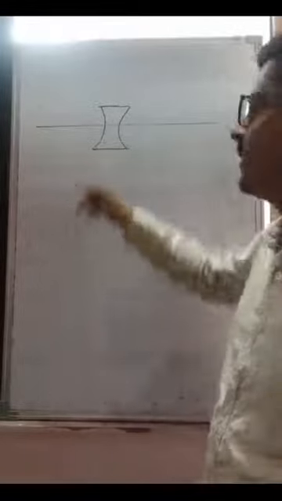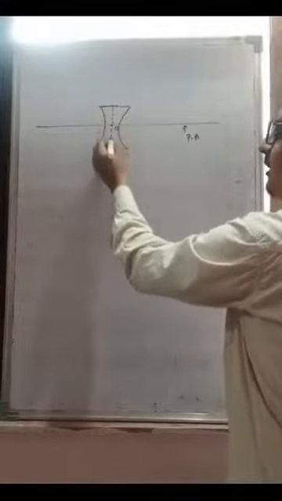For drawing the ray diagrams, a few rules have to be obeyed. One line will be passing through the center of the concave lens, and it is called the principal axis. Then this point is denoted as O. Just make a dotted line here. This is the plane from which the refraction occurs.